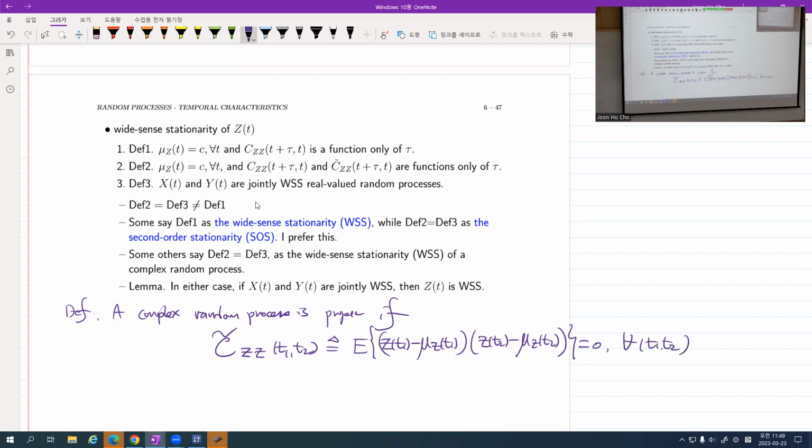Okay, so the pseudo covariance or complementary covariance vanishes for all pairs of t1 and t2, then a complex random process is proper. Otherwise, it's improper.